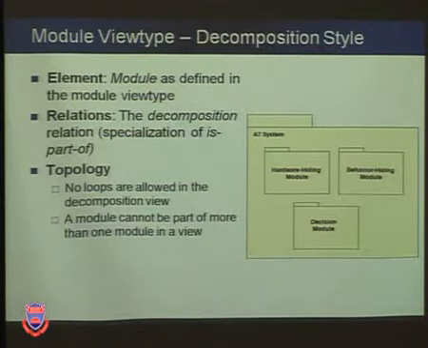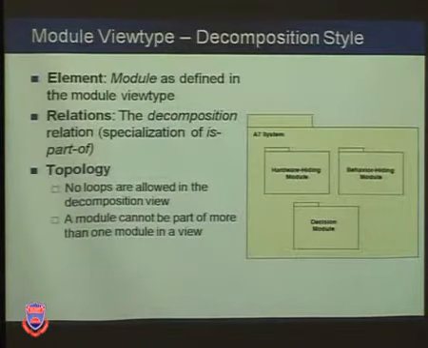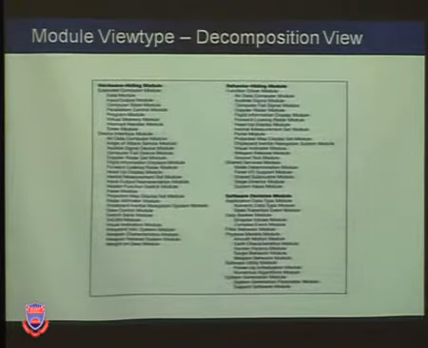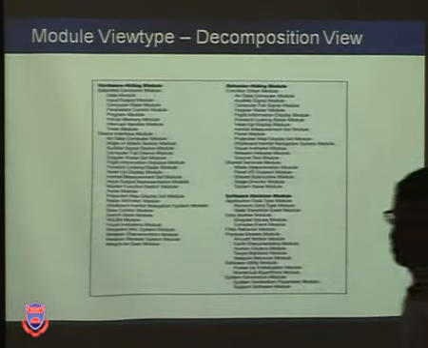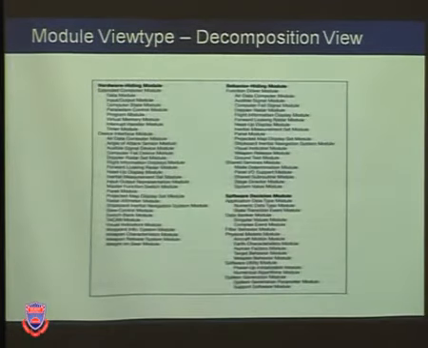So how did we deconstruct this? Composition from the module view type, decomposition style. And this is the system. Equally, we could also represent it in a textual way. Okay? This is an example from the textbook.